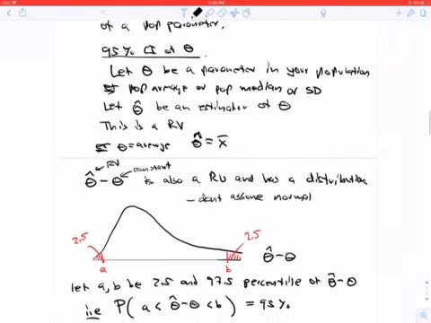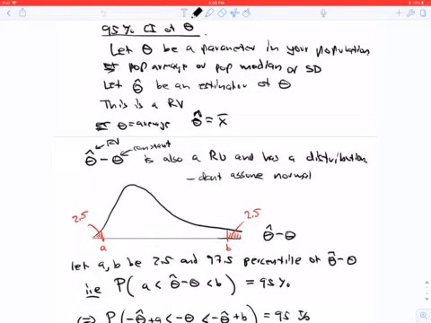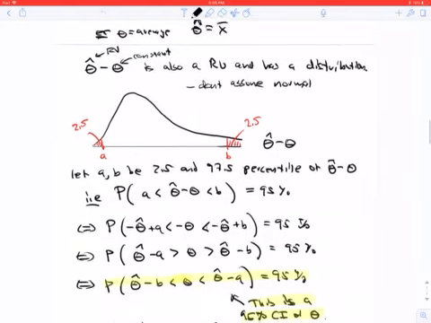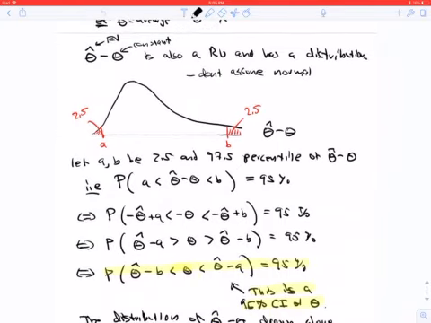So let's first talk some theory about what a 95% CI is for a general population parameter. This will mirror what we did for the population mean in chapter 7. So let's take a look at theta hat minus theta, which is a random variable. And suppose we know its distribution. I'm not going to assume it's normal. Then what we're looking for is the 2.5th and 97.5th quantile, which we'll call A and B respectively.